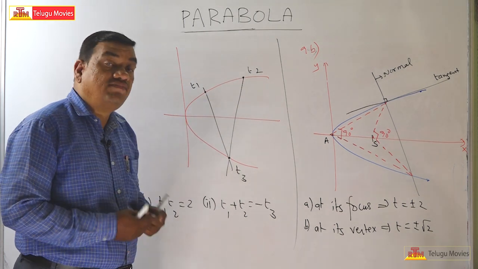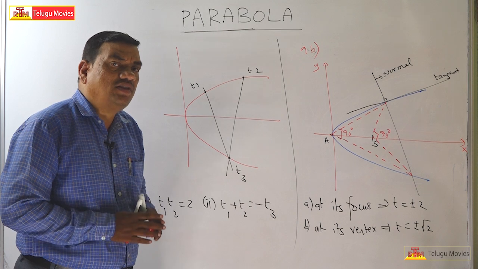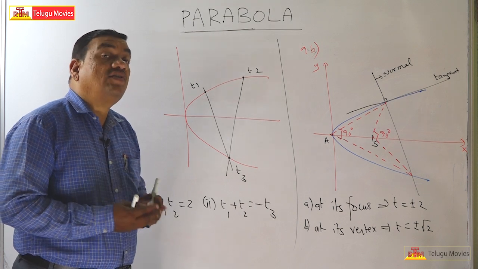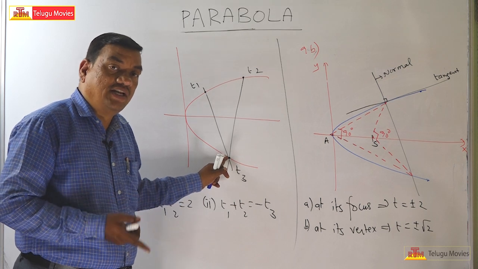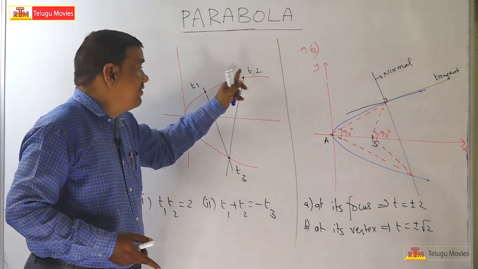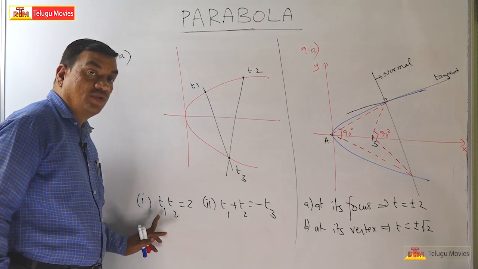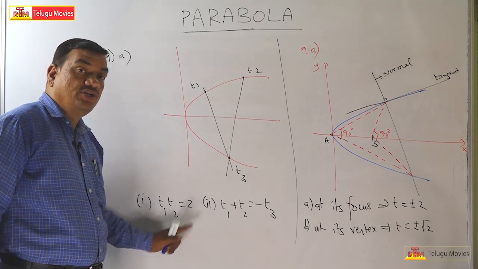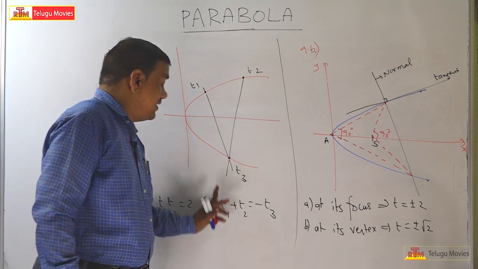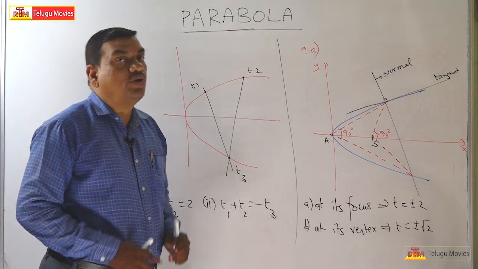They need not intersect in general, but if they intersect on the parabola, that is at t3, then the relation between t1, t2, t3 is t1 into t2 is equal to 2, and t1 plus t2 is equal to minus t3.